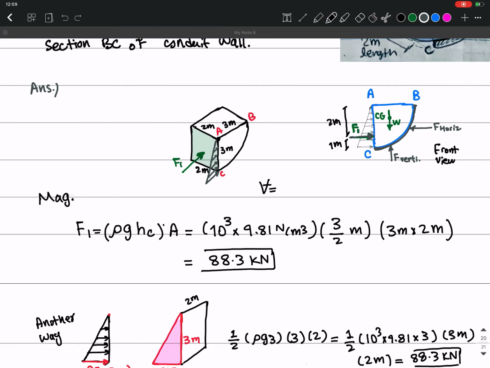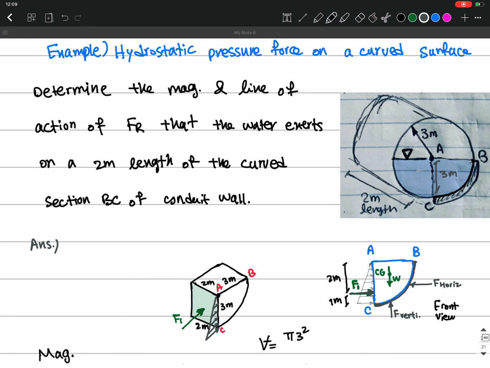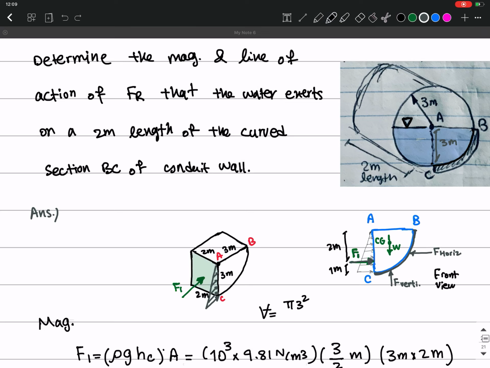So the area of that section is pi times 3 squared, which is the area of the whole circle here, and then I'm just interested in 1/4 of that, right? 1/4 of a full circle, so I just need to divide it by 4.